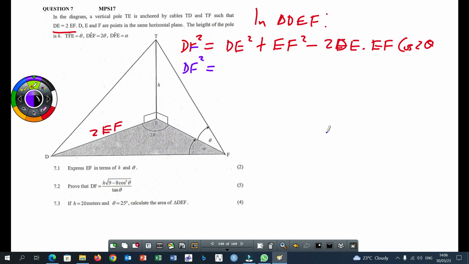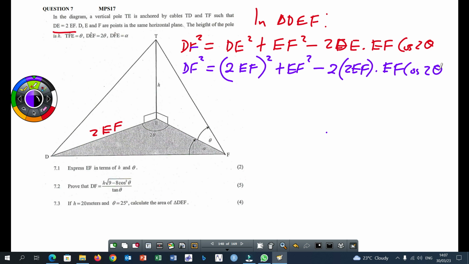Okay, so DE is 2EF, so I can substitute 2EF, then I have to square this plus EF squared minus, here it will be 2 times, now this is DE, which is equal to 2EF, so that will be 2EF times EF cos 2 theta.